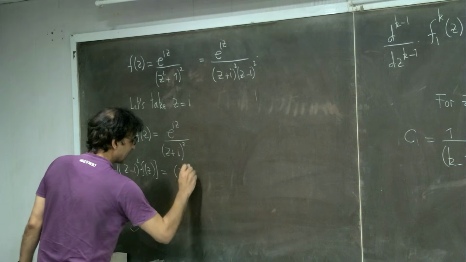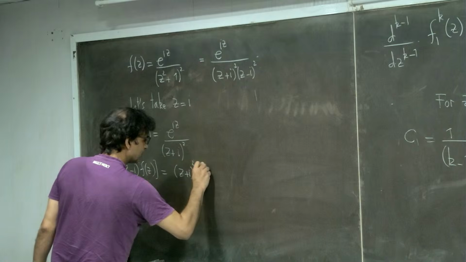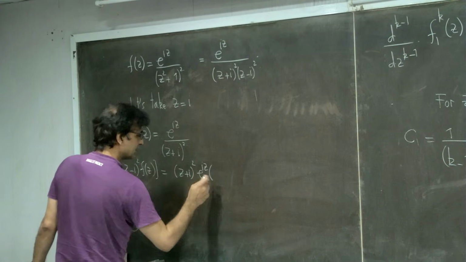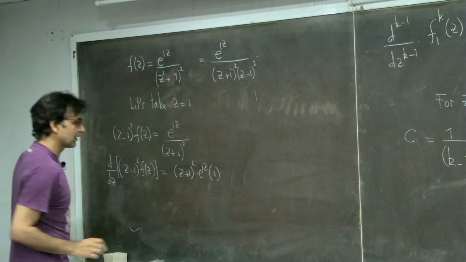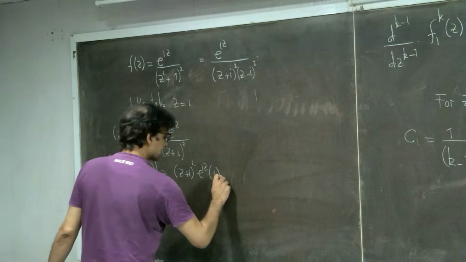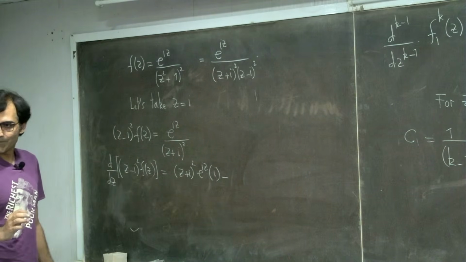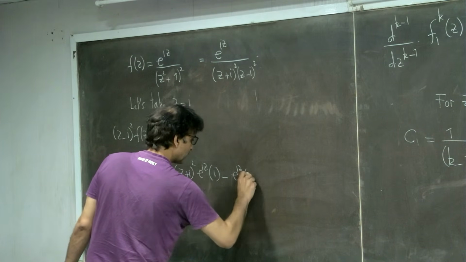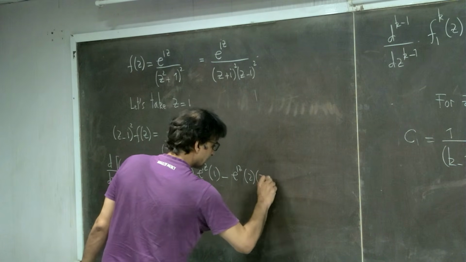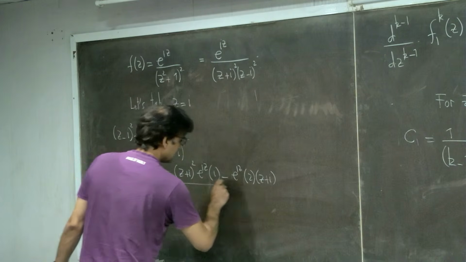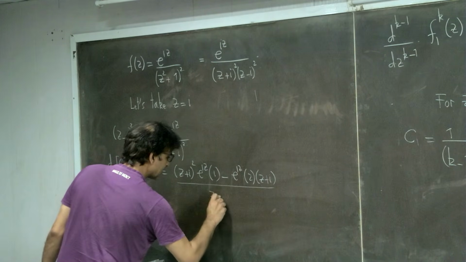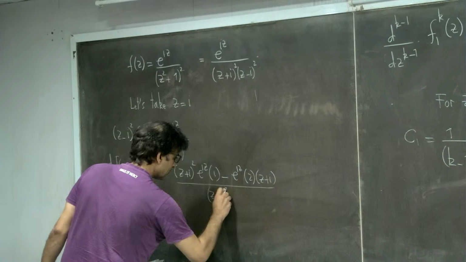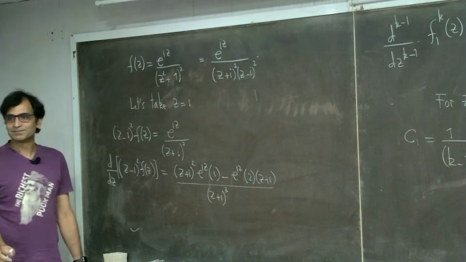This remains like this, and this is e to the power iota z, and then iota, right, minus 2 z plus iota over z plus iota whole cube. Very good, thank you.